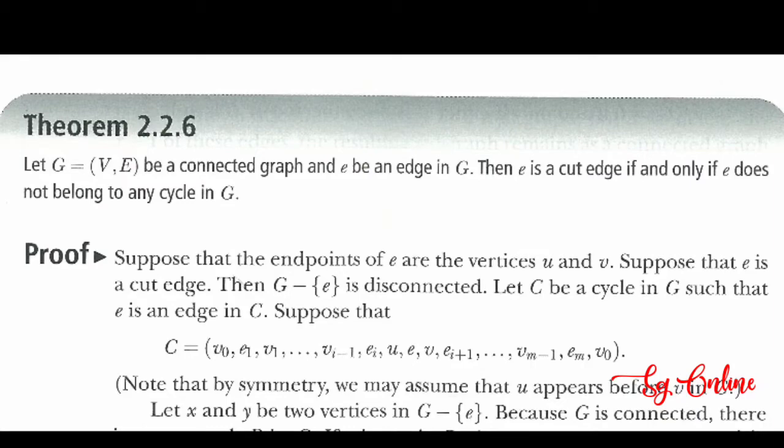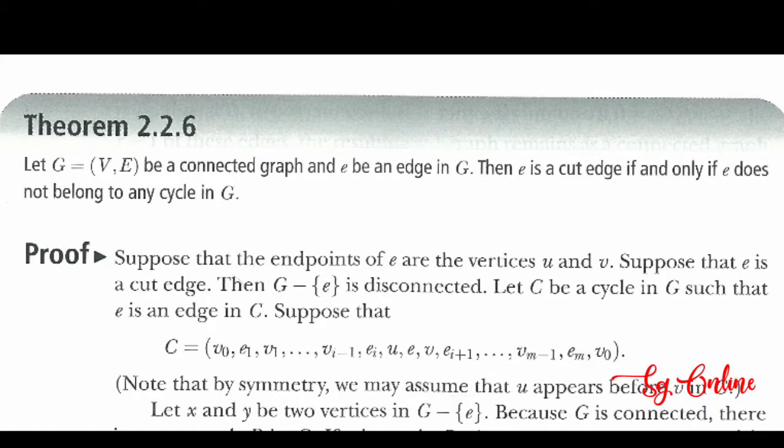Now we prove this result. Suppose E is a cut edge, and then by definition the G minus E graph, that is the deletion of E from the graph G, becomes disconnected because the original graph was connected. So the number of components here should be more than 1, and so the graph becomes disconnected.